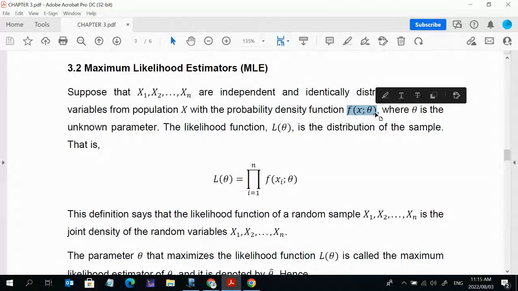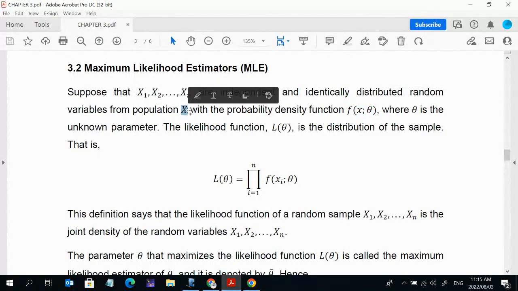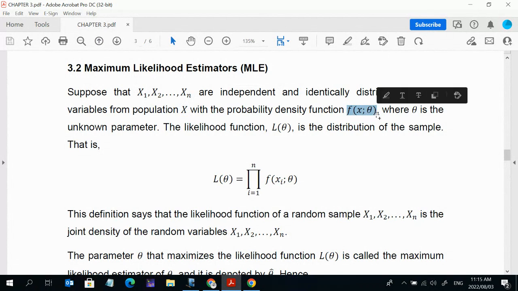So these variables are distributed with that function because they are from a population distributed with this, and they are identical. The theta there is the target parameter, the unknown parameter. We want to find a statistic that we can use to estimate this parameter.